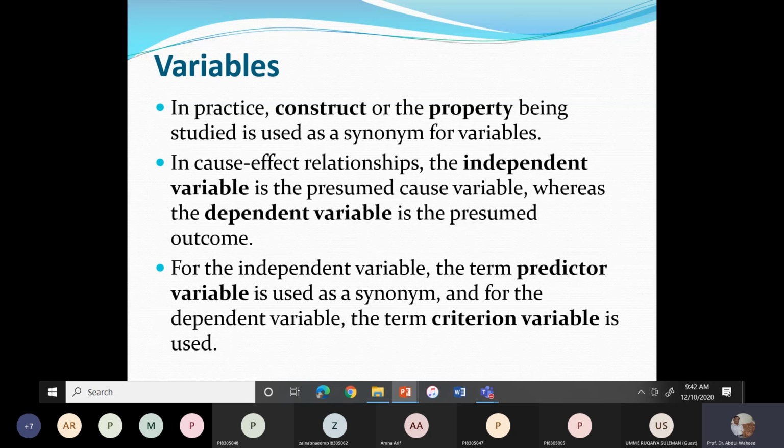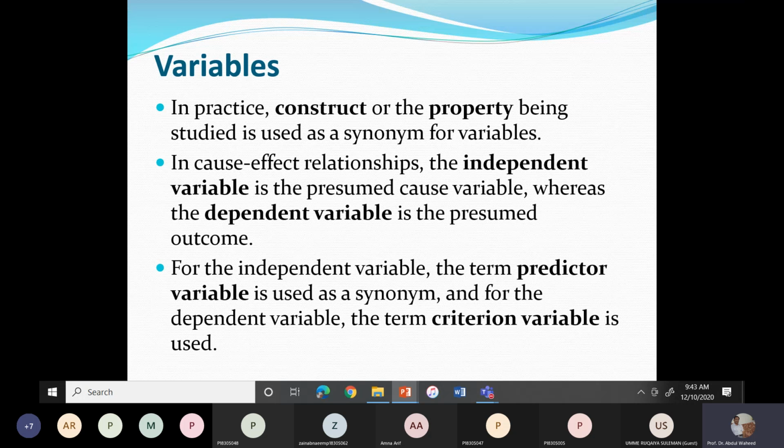Okay, so in some models there is just one independent variable, but in some other models we have more than one independent variable that affect the dependent variable, and we see how the independent variable will affect the dependent variable.